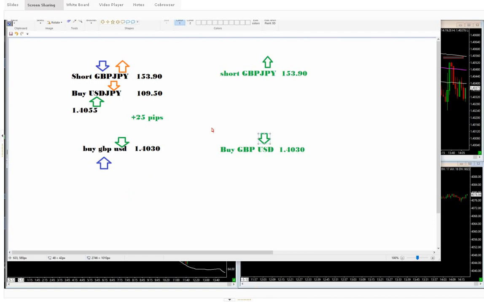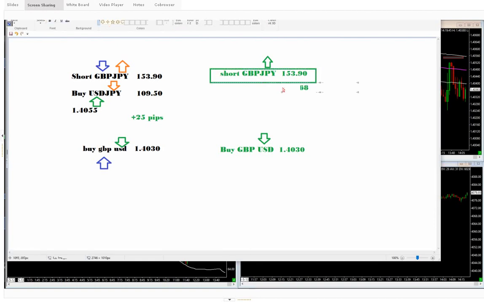Well, I should close out the pound yen position altogether, correct? Because if yields are going to go higher, that's the trade that's going to start losing me money. It's already made me a very nice profit, so I'm going to start closing that trade out almost immediately at 153.68, and I'm going to bank that money, right? So we're going to pick up 22 pips profit in that trade.